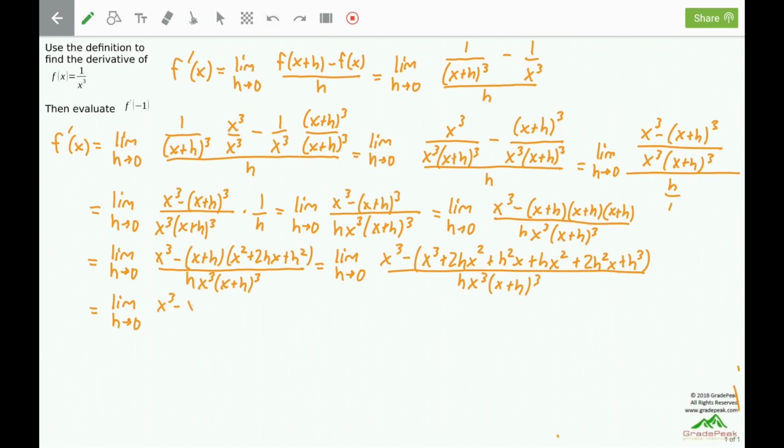We'll have x cubed minus x cubed, minus 2hx squared, minus h squared x, minus hx squared, minus 2h squared x, minus h cubed. All of this divided by that same denominator.